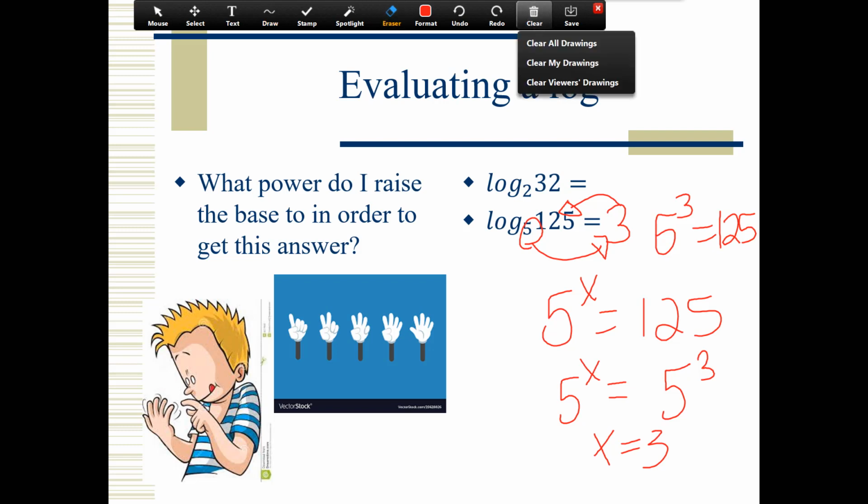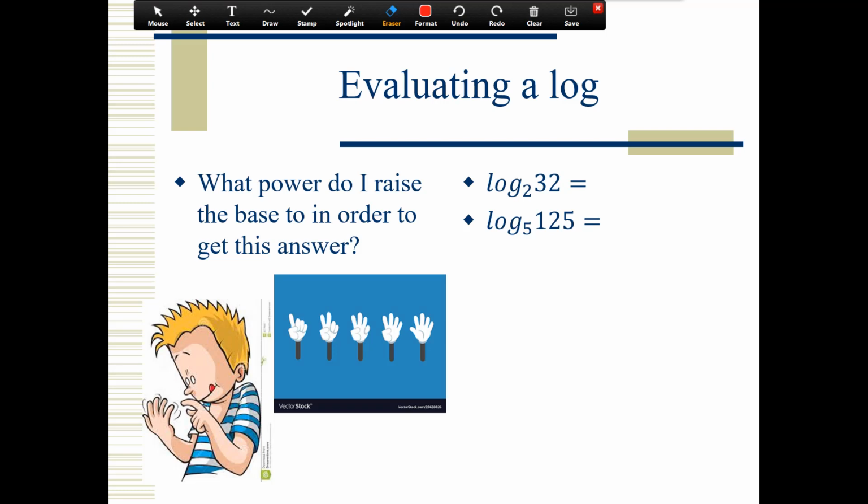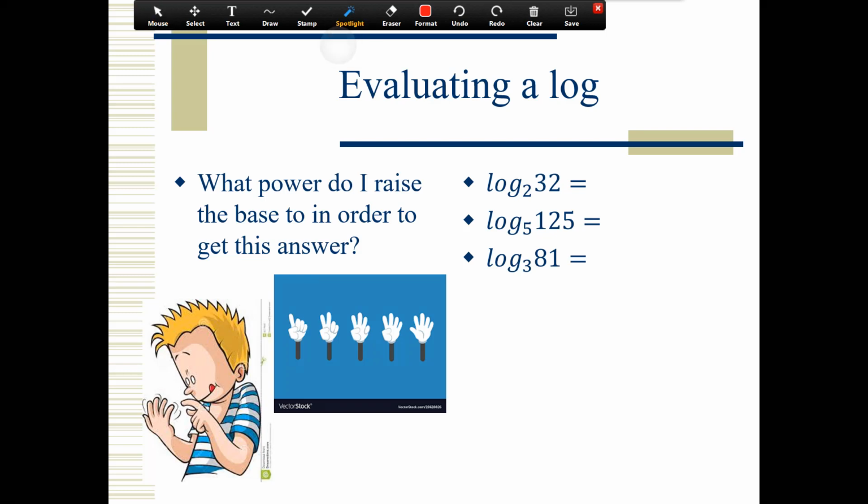So let's go ahead and try one more here. This is log base 3 of 81. So now I'm going to take 3 and raise it to powers until I get to 81. So I need to find out how many fingers, or what exponent, I need in order to get to 81 when I'm multiplying by 3. Let's start with 3 to the first.